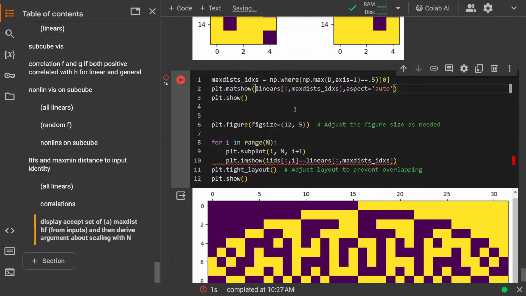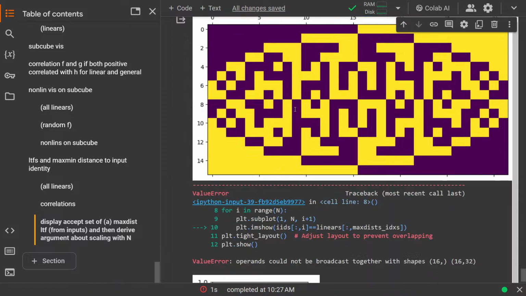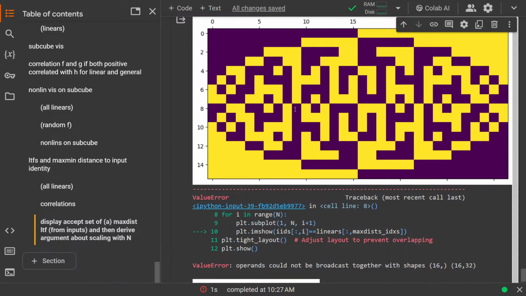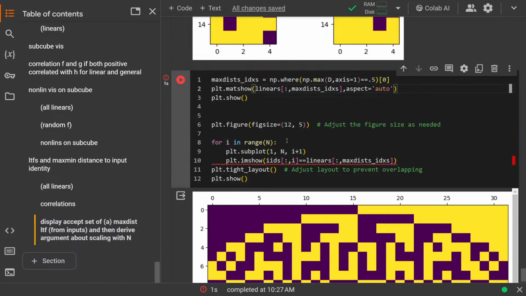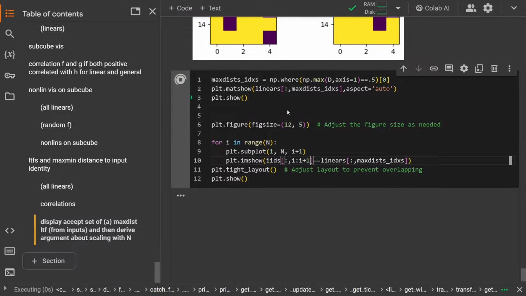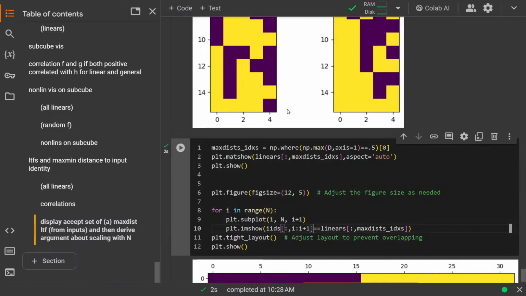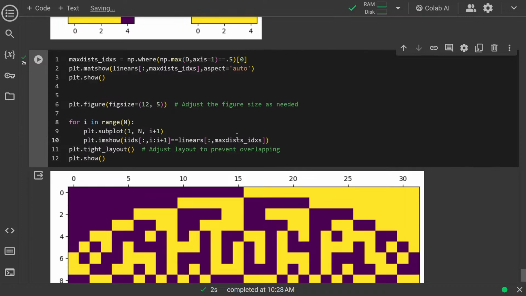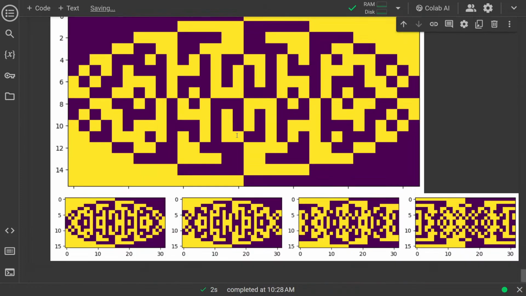Not sure why that doesn't work. Right. It's 32. Each of them are 32. Okay. Wow.